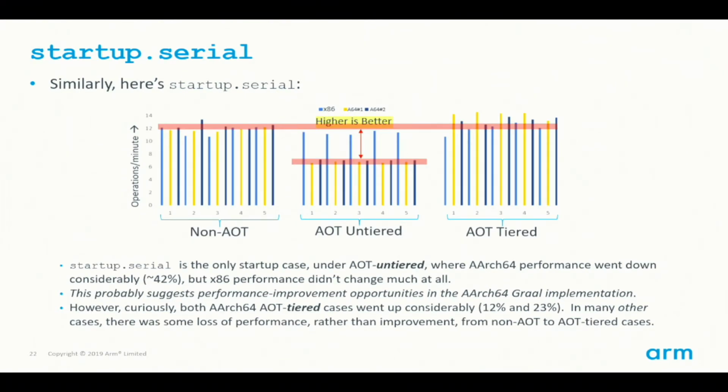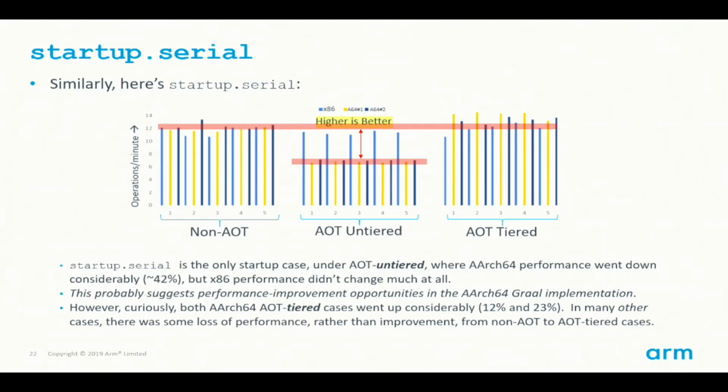Here's another case that I thought was kind of interesting. Looks like I'm making pretty good time, good. In this particular case, also a startup case, so again a fairly small piece of code, not much HotSpot optimization going on here. Not a lot, some maybe.